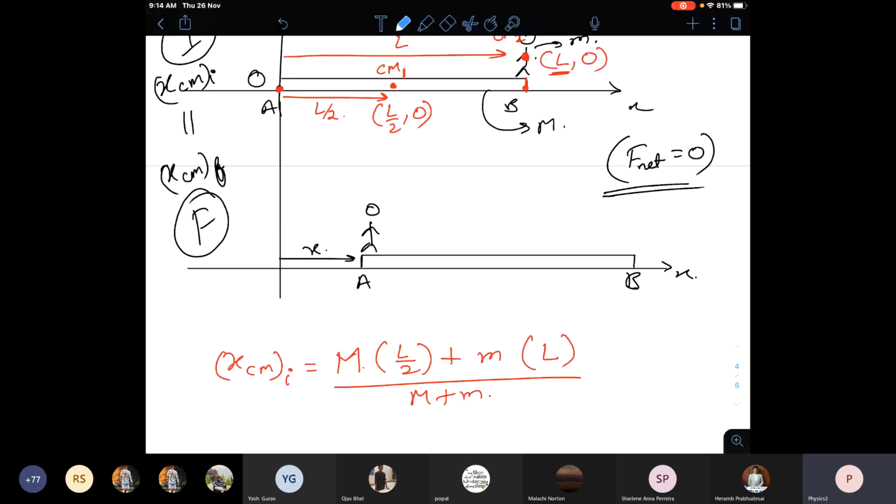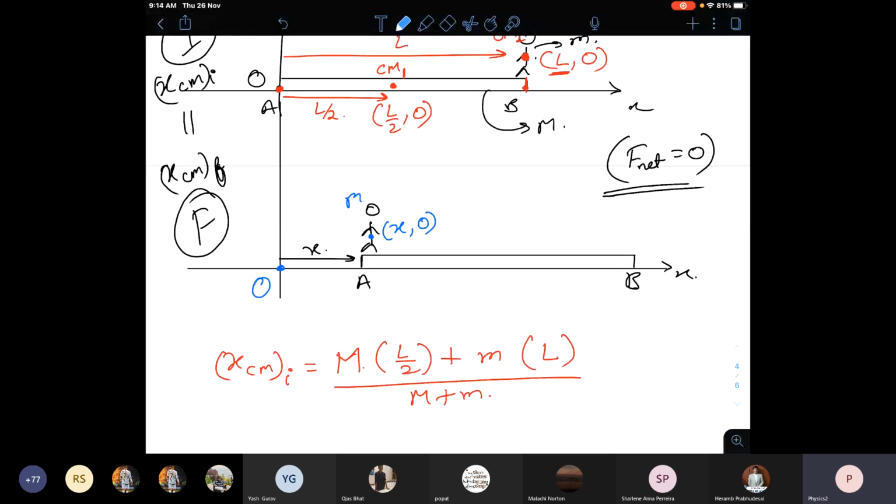xcm final. So again see, this is still the origin. But now the small m mass is at a distance of x from the origin. So I can write the coordinates of small m mass as x comma 0.